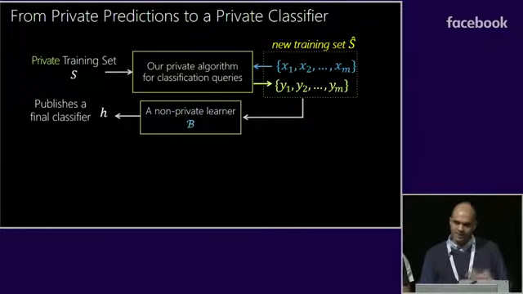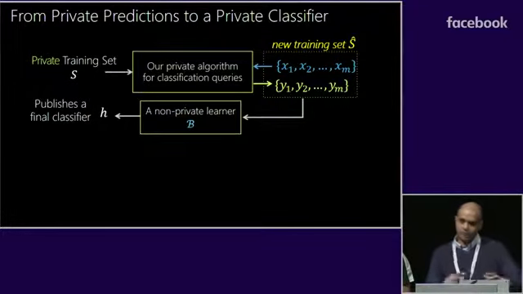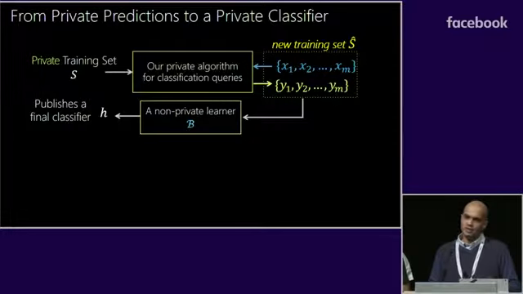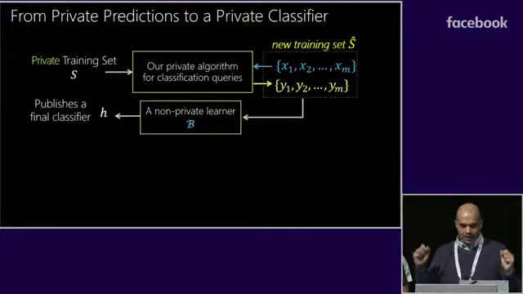Now, our next task is to use these private predictions we have generated on public feature vectors to form a new training set, or a proxy training set, if you may. We're going to use this new training set to train any good non-private learner and finally output a classifier. This classifier would be safe to publish and can be used to answer an unlimited number of classification queries.